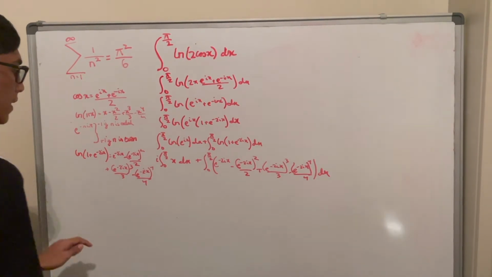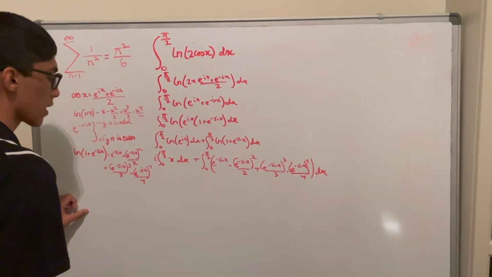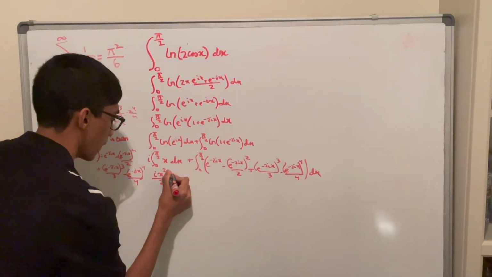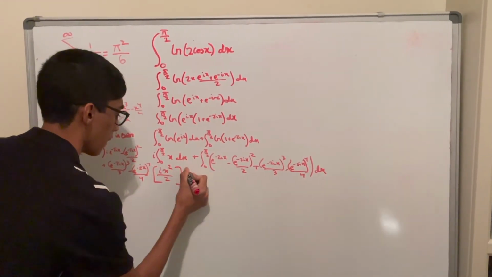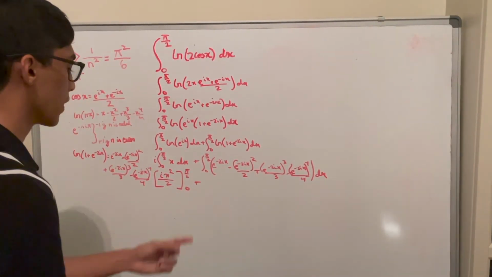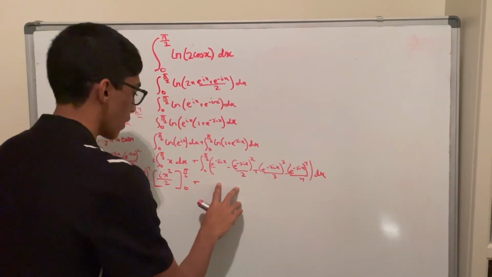So now we can easily integrate x dx, so that's just i x squared over 2 from 0 to pi by 2, and we can integrate this integral as well.